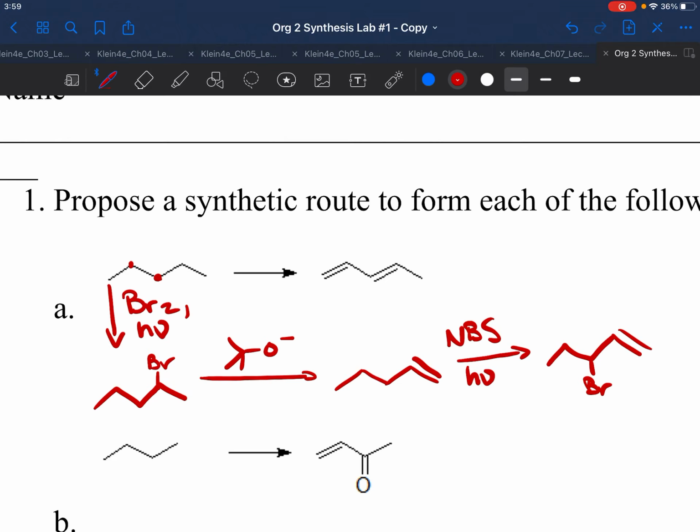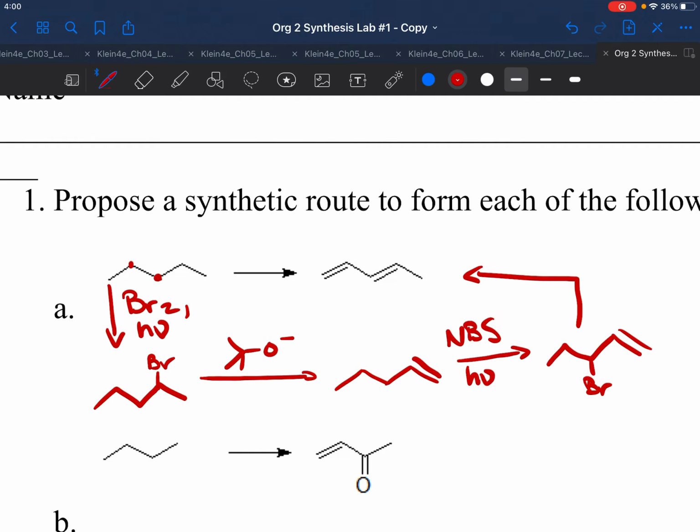And the bromine wants to go to the position where the radical intermediate is the most stable. So secondary is more stable than primary, but the resonance involved with the allylic position is even better. So now once we've got this set up, we've got our bromine in place. Now it's one more elimination. Now, in this case, it does not actually matter which base you choose because it is not going to eliminate towards the double bond, because accumulated double bonds, as you recall from earlier in the unit, are less stable.